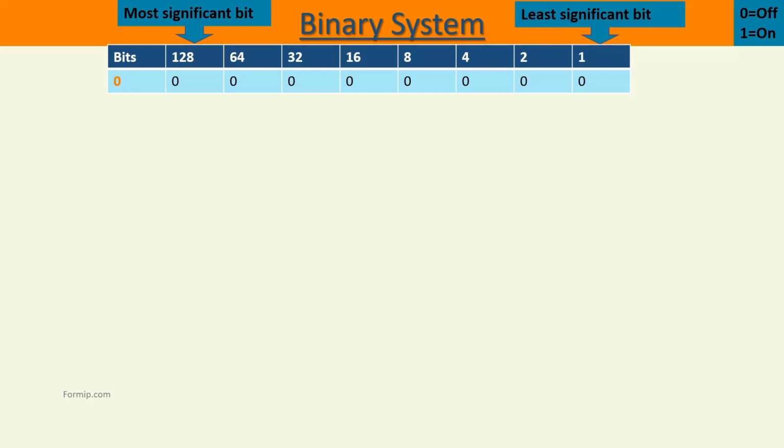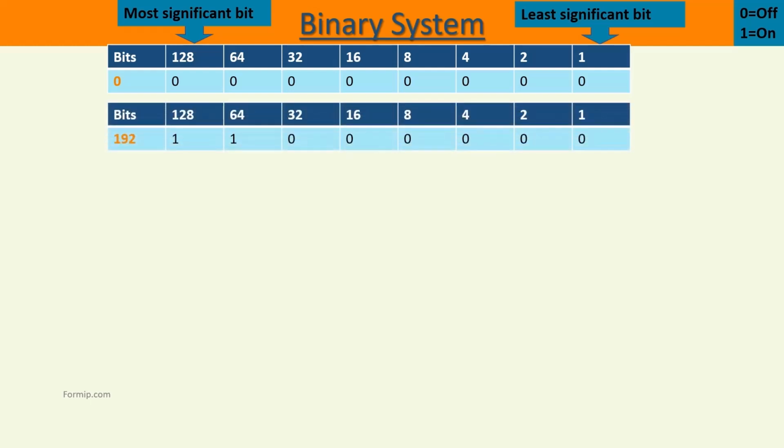We will see how to convert decimal numbers into binary. For example, if we want to convert the decimal digit 0, in binary this means that we leave all the bits off. So that's 0. Now take the number 192. From the left, we will see the bits corresponding to the number. 128 is smaller than 192. We will therefore take it and put a 1.